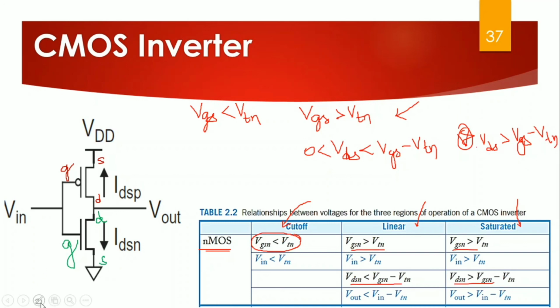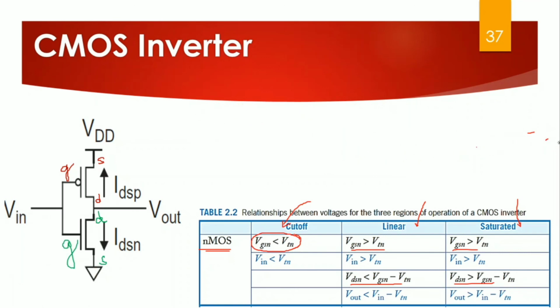Now, the next question is, if this is the standard condition, with respect to the given circuit diagram, how should I write the condition? I have a simple trick for you. First, which transistor am I referring to? The NMOS transistor.